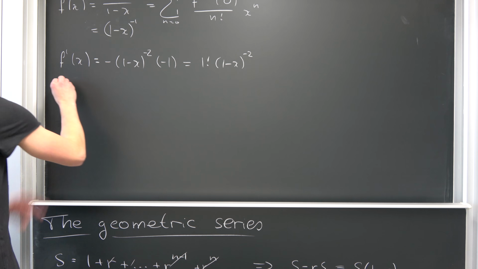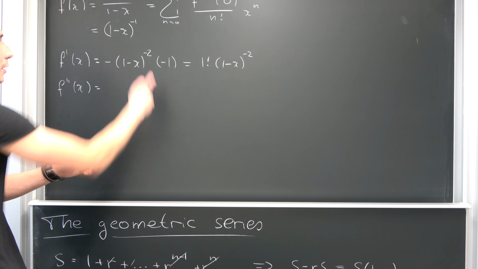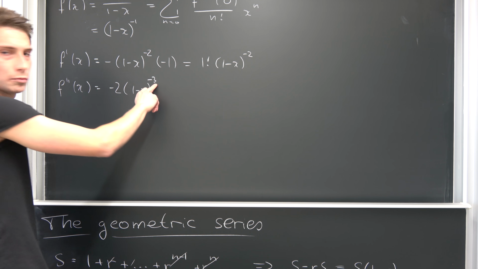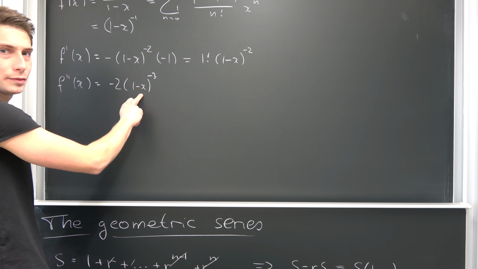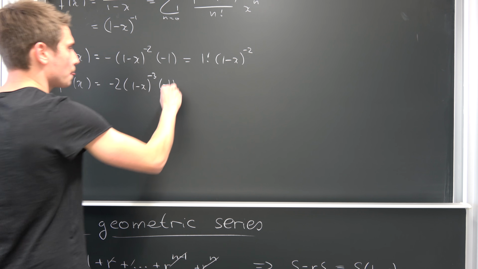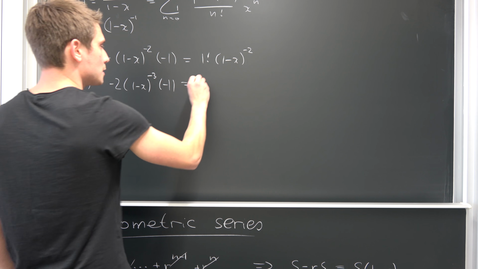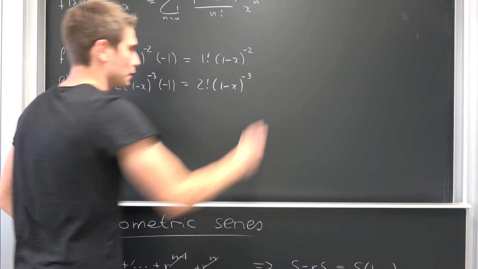Next iteration, let's move on. F double prime of x is nothing but, okay, we are going to drag negative 2 down, 1 minus x to the negative 3 power, and then the inner derivative stays as it is, negative 1. So negative and negative is going to cancel out, 2 is nothing but 2 times 1, so this is 2 factorial times 1 minus x to the negative 3.